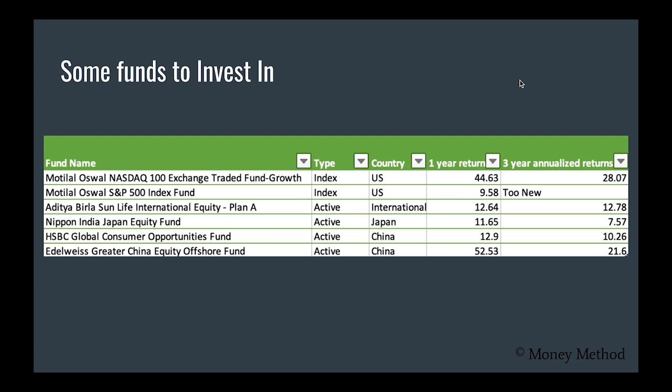So it's stable returns plus a complete worldwide diversification. So choose funds that are in countries that you feel are doing well, right? The US is a good place to go into. China maybe not so great, or look at funds that give you the best of multiple countries.